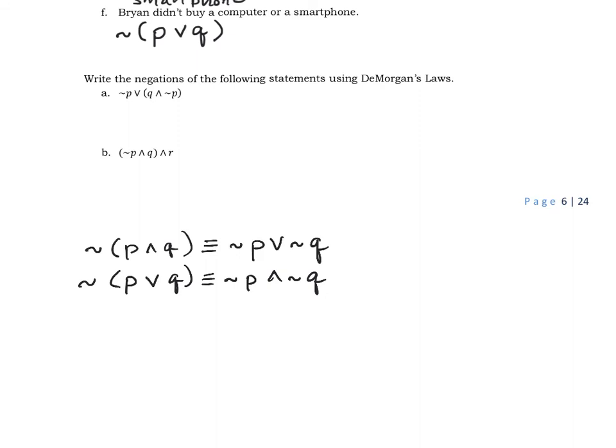Okay, so on this one, I am negating the negation of P or Q, and not P. So using De Morgan's law, we're going to look at this one right here. So I need the negation of this first item. So negation of a negation would be P. And instead of the or, it's now going to be and then the negation of what's in this parentheses.